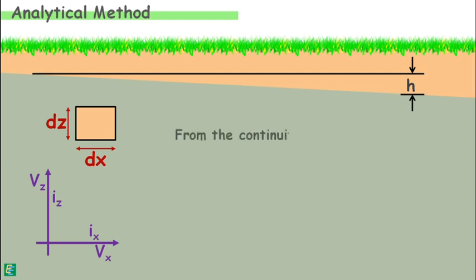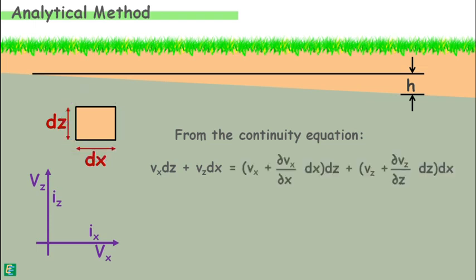Now, using the continuity equation, we can write that the amount of water going into this soil element is equal to the amount of water coming out of it. Remember, it is a simplified model. Well, somehow after solving it, we arrive at a simpler equation of continuity.